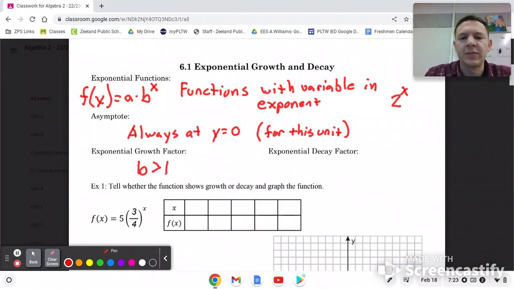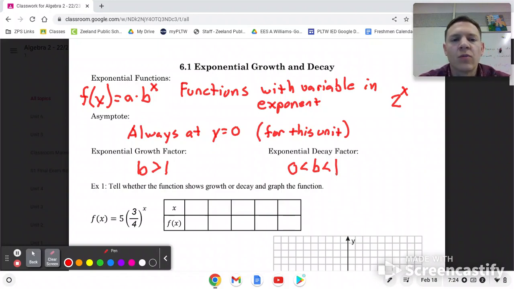And for it to be decay, we need b to be less than 1 but greater than 0. So if b is between 0 and 1, that's going to be exponential decay. If b is greater than 1, that's going to be a growth factor exponential. Notice that the factor is what's being raised to the variable. So in this case, b is being raised to the variable.